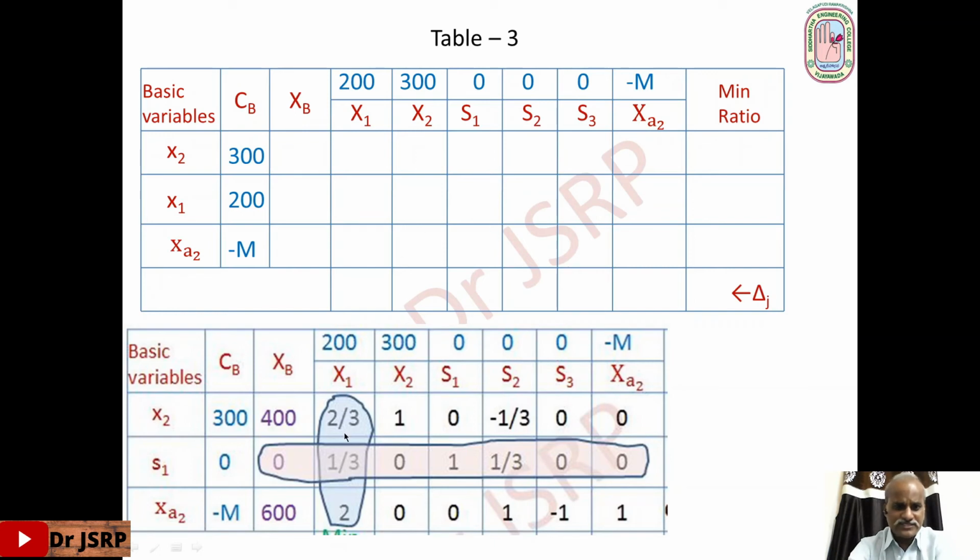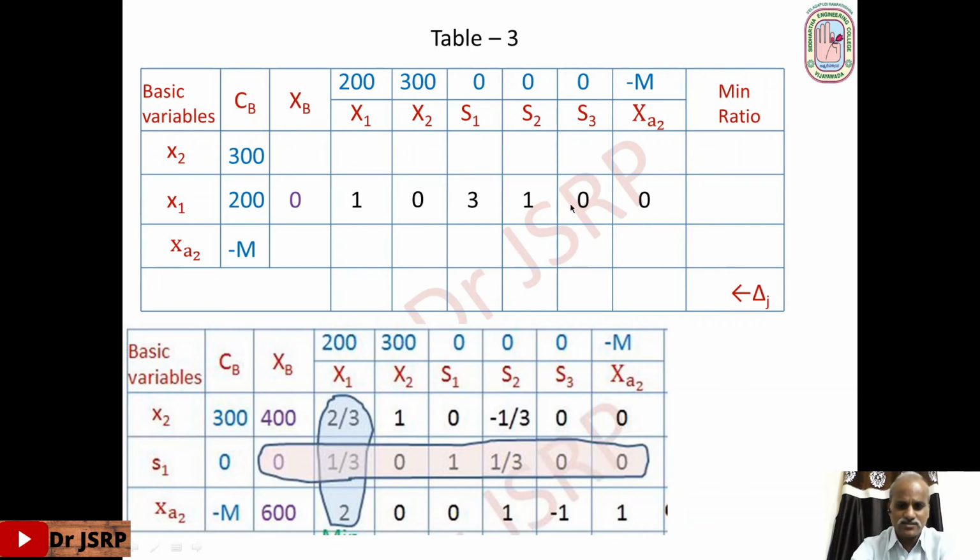To fill the table, the first step is to divide the pivot row by the pivot element. Here the pivot row is the second row and the pivot element is 1 by 3. Divide the second row by 1 by 3: 0 by 1 by 3 is 0, 1 by 3 by 1 by 3 is 1, 0 by 1 by 3 is 0, 1 by 1 by 3 is 3, 1 by 3 by 1 by 3 is 1, 0 by 1 by 3 is 0, 0 by 1 by 3 is 0.